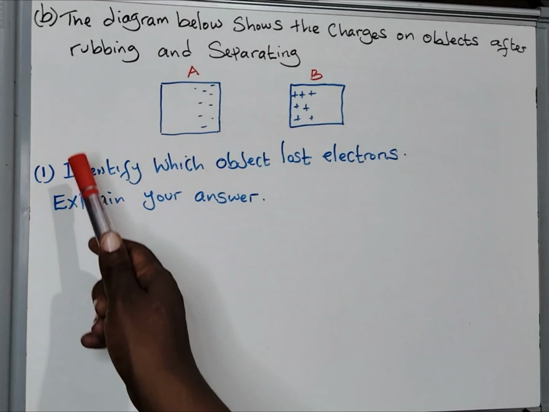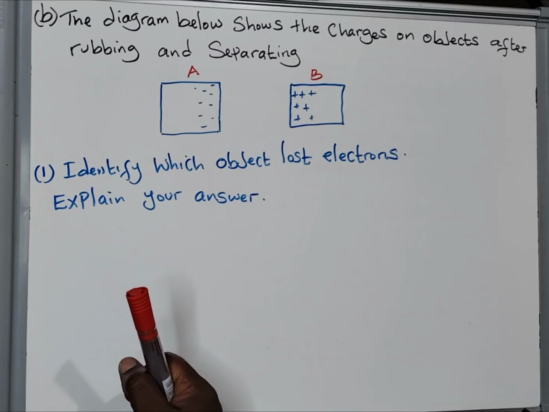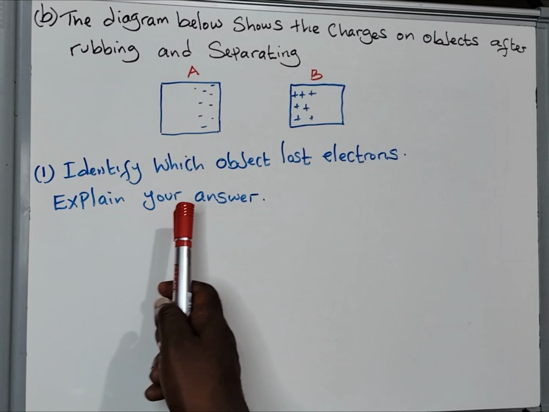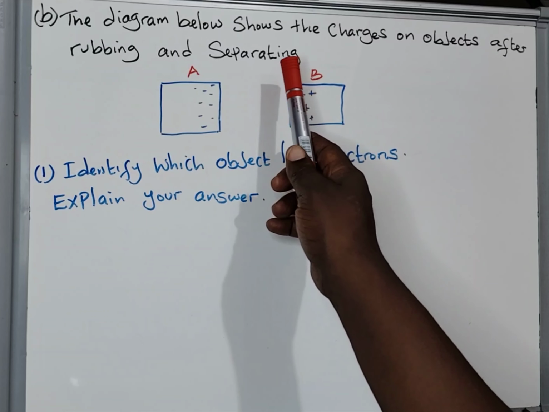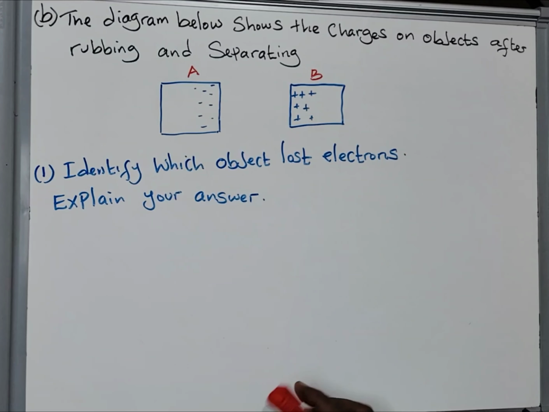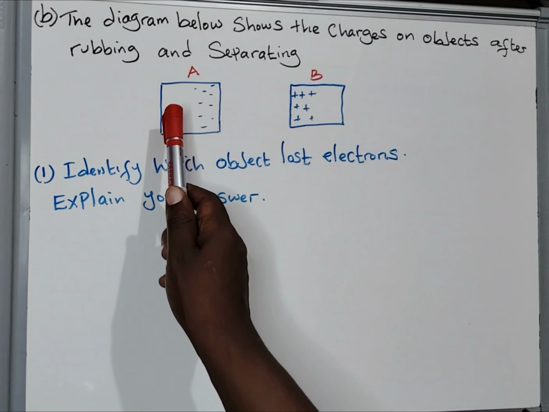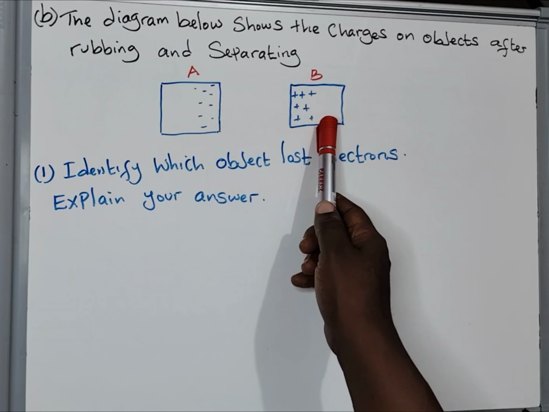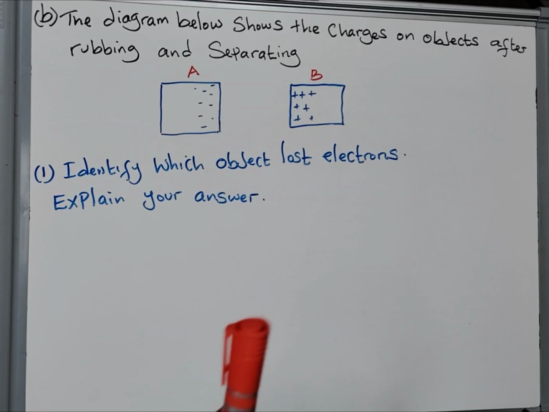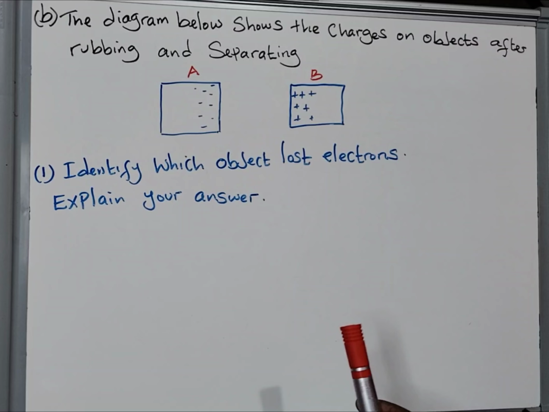Then comes this question. It says that the diagram below shows the charges on objects after rubbing and separating. So you have object A and object B. They were rubbed and then separated.